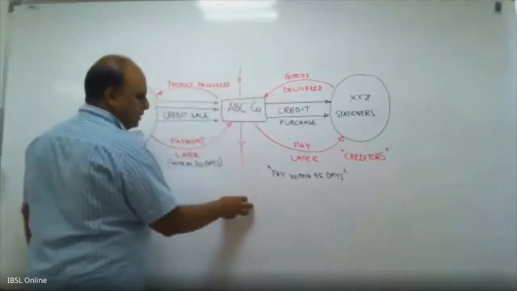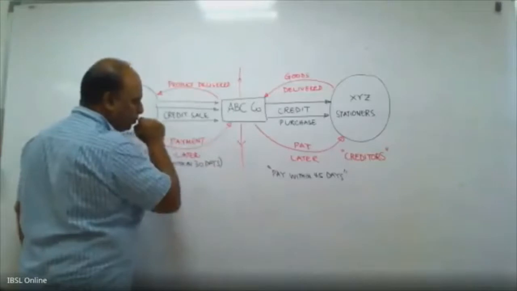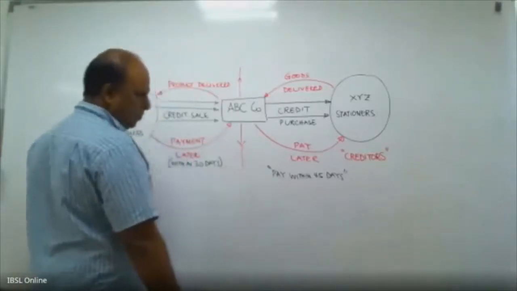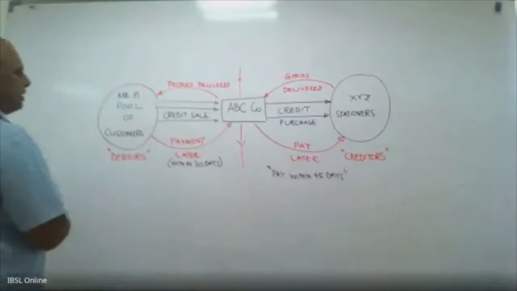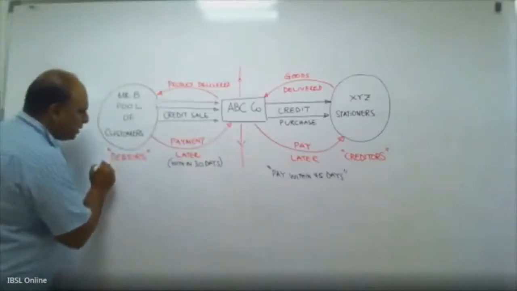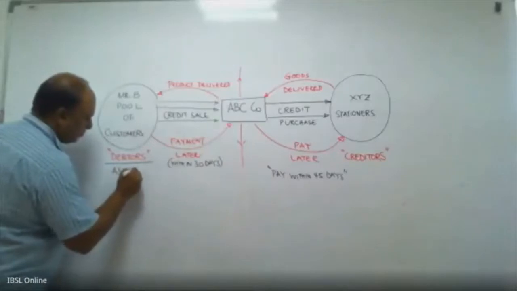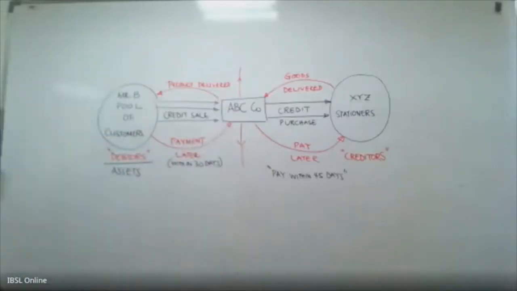ABC company is a business. Anything that is receivable to you is known as an asset. So debtors are assets of the business.